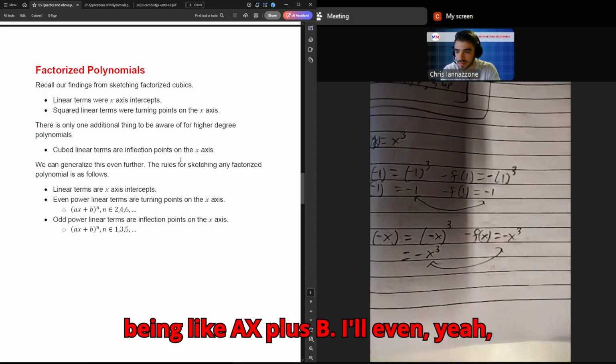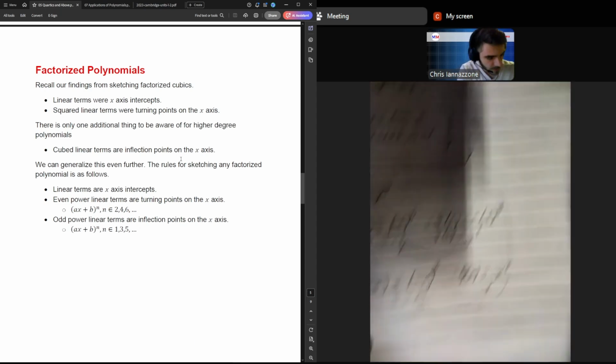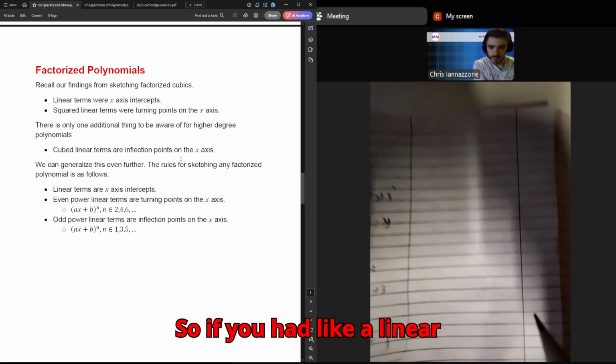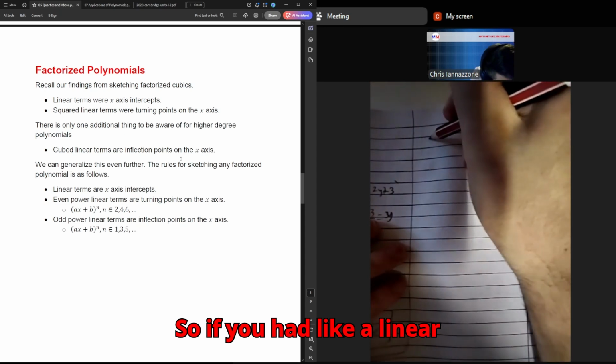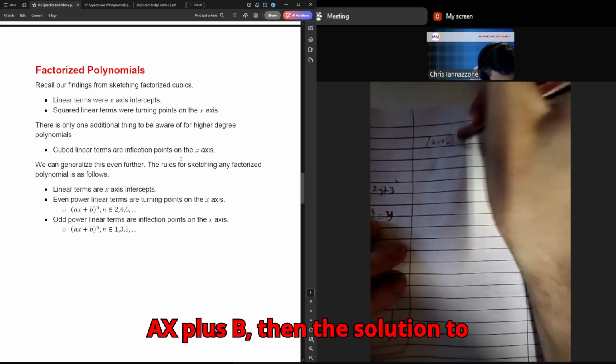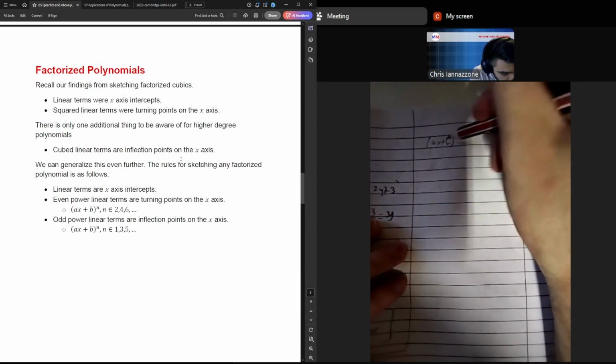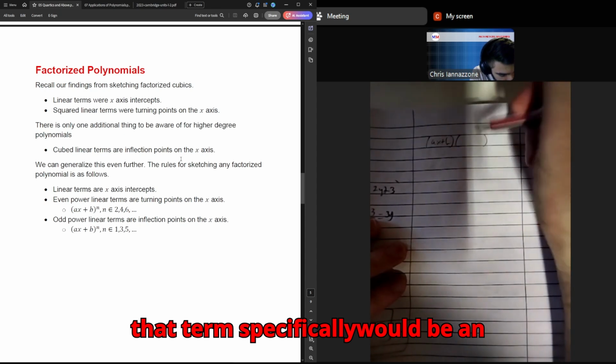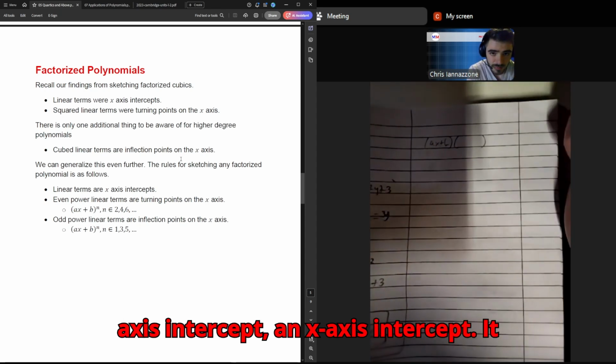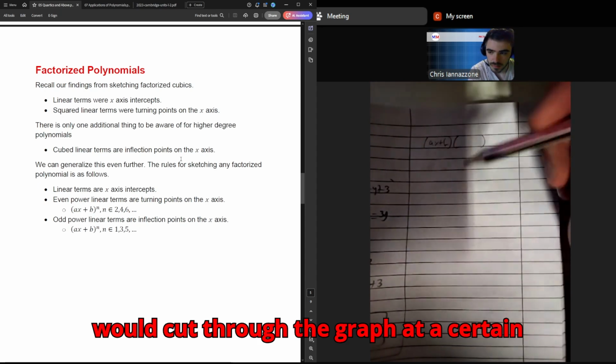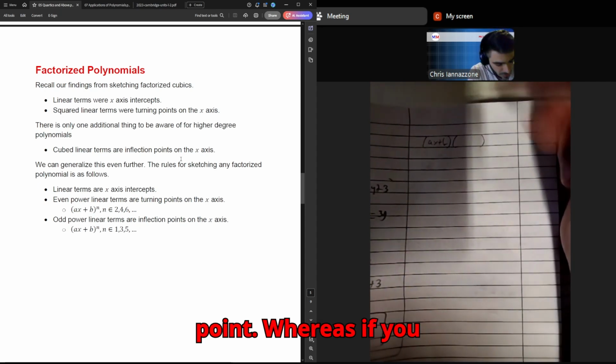So linear terms being like ax plus b. I'll even write some out actually. If you had a linear term ax plus b, then the solution to that term specifically would be an x-axis intercept. It would cut through the graph at a certain point.